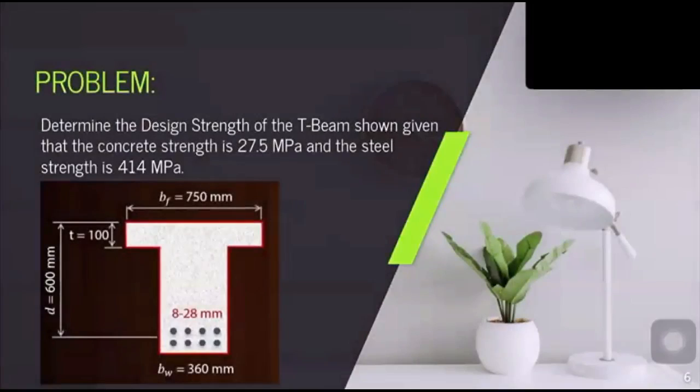So how about if the neutral axis of the beam naman is below the flange? So determine the design strength of the T-beam shown given that the concrete strength is 27.5 megapascal and the yield strength is 414, wherein the base of the flange is 750, the thickness or the height of the flange is 100, the effective depth is 600, and the web width or the bw is 360 mm with 8-28 mm reinforcement.